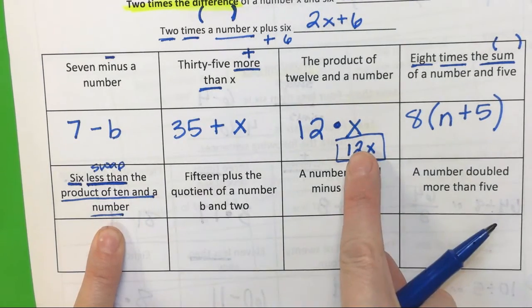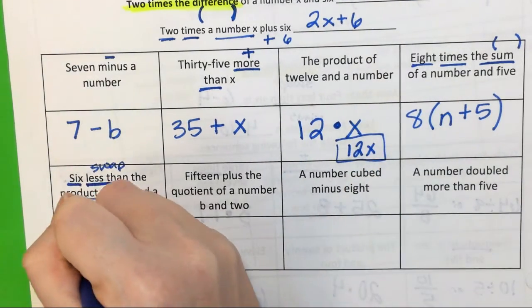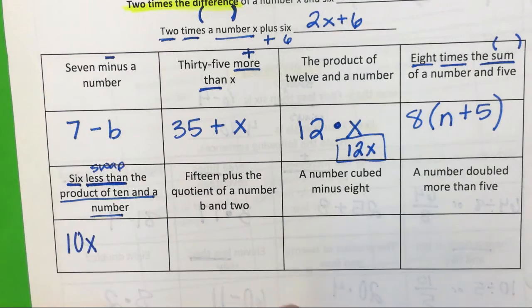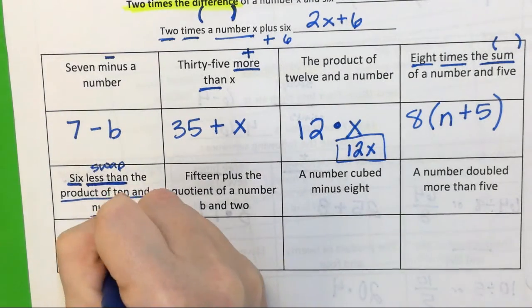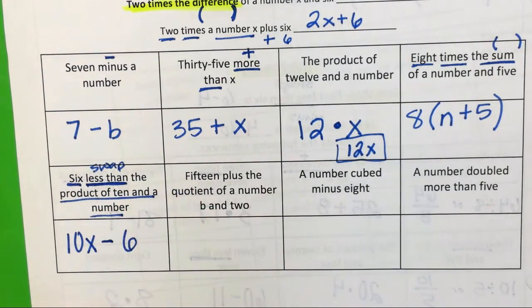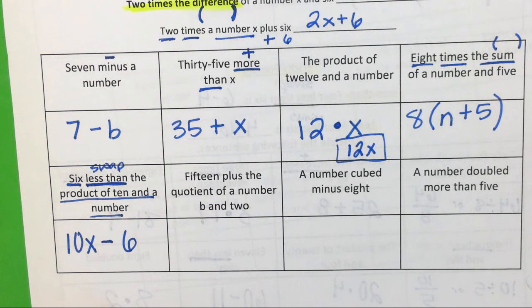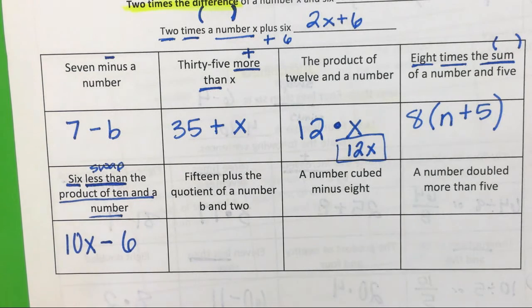So remember the best way to write that is 10x. And then less than means subtract 6. It helps if you do the underlining.